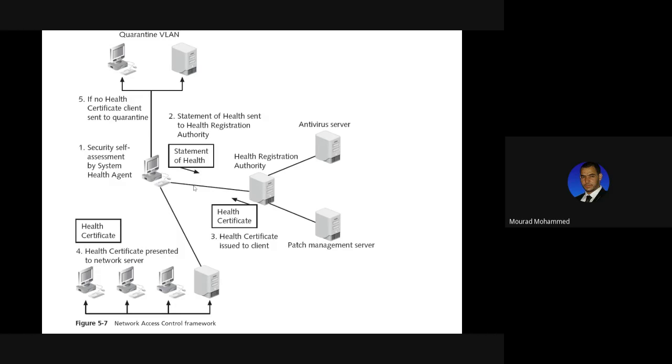Otherwise, if it's not healthy, it means there is an issue with the health certificate sent by the client. Whatever the status declared by this user, if it doesn't match the required status, it would be put into quarantine. After what? After the filtration here.